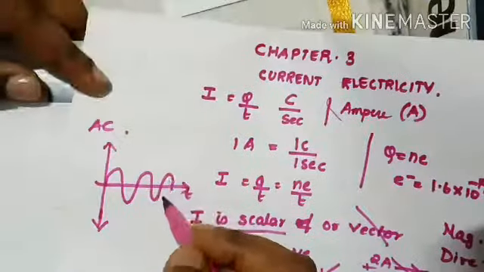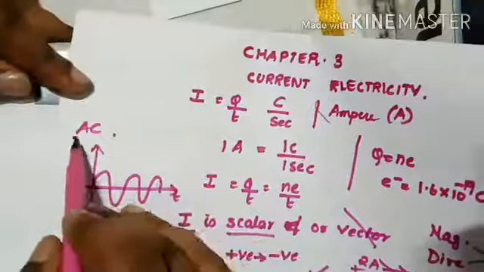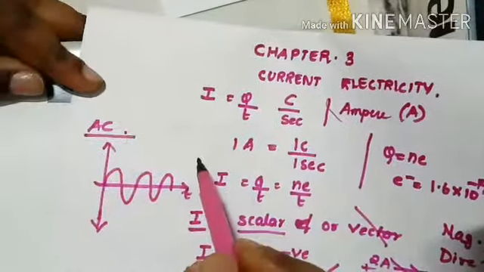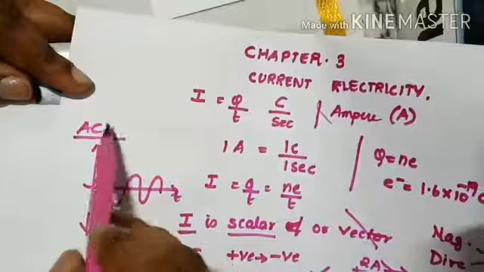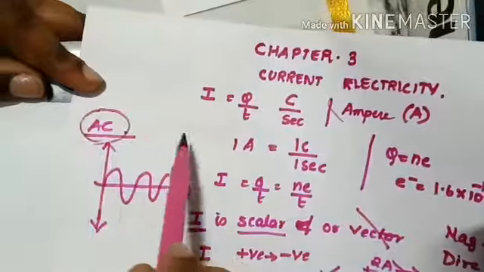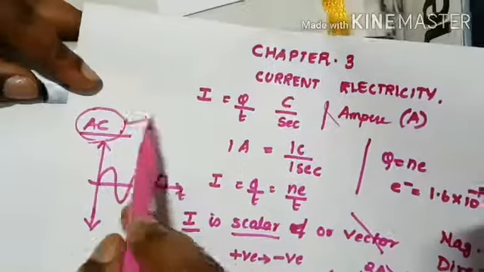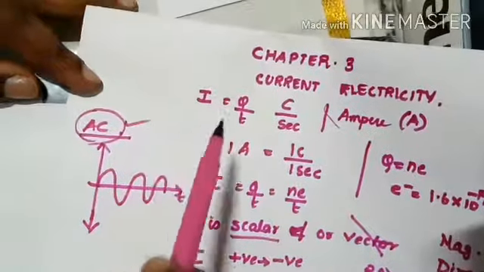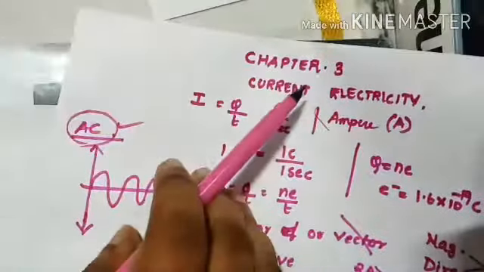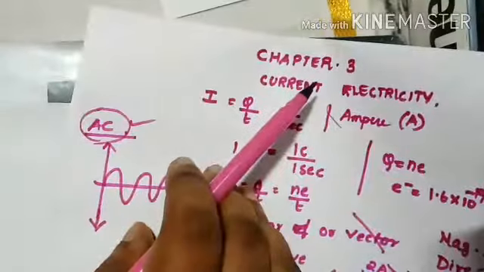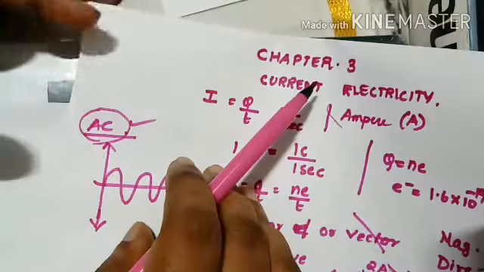This type of current is alternating current. There is an entire chapter for you to learn. Later on we will be dealing with this chapter called alternating current. It is fully derivations, and by that time you might have studied, or you have to study, maths, differentiation and integration. Clear?